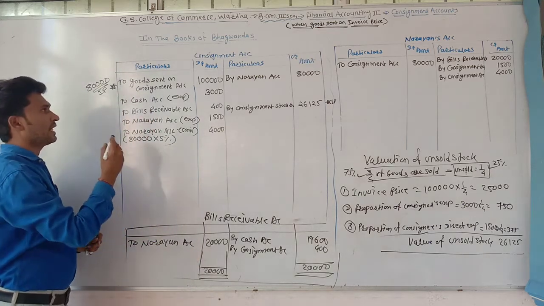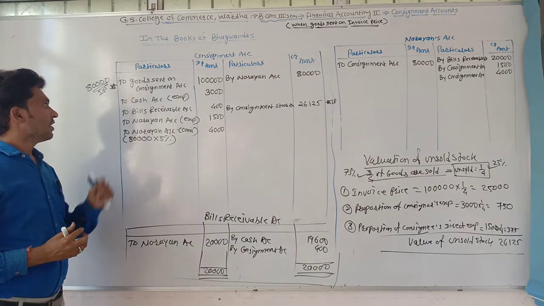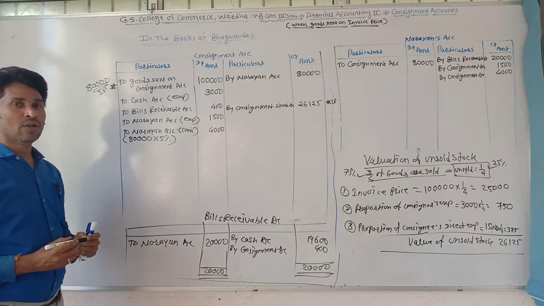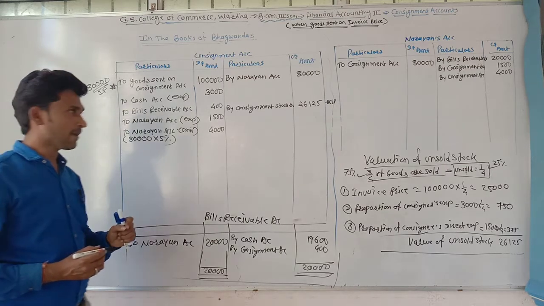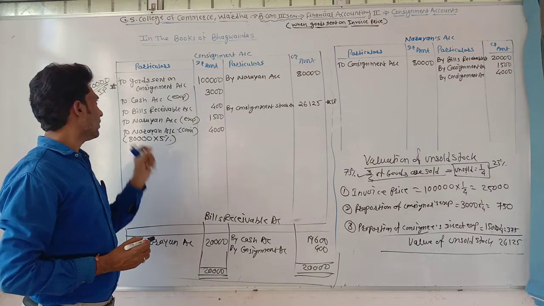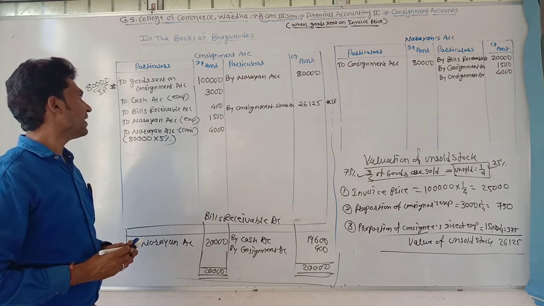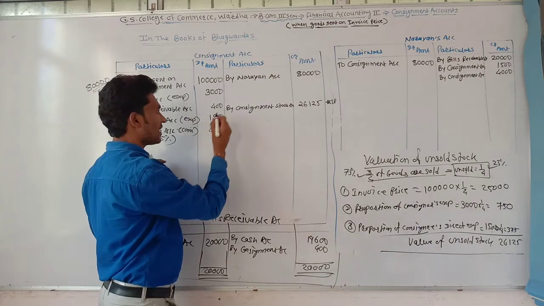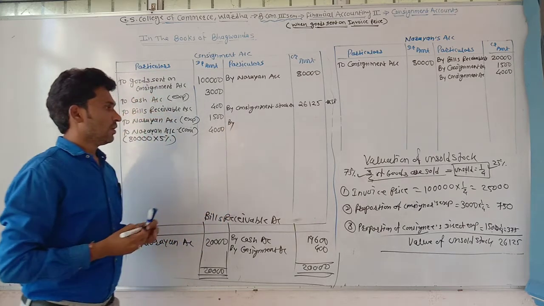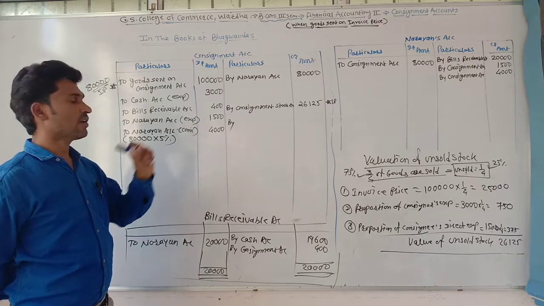Firstly, we deduct the amount which we have written in the goods sent on consignment account, and it's known as loading. So for cancelling the loading in goods sent on consignment account, the entry passed by the consignor is: goods sent on consignment account debit and consignment account credit.